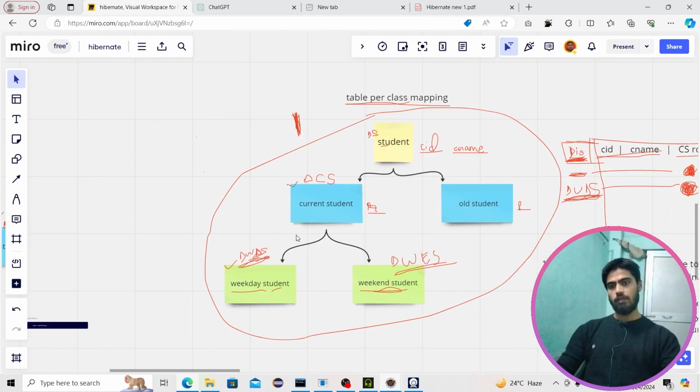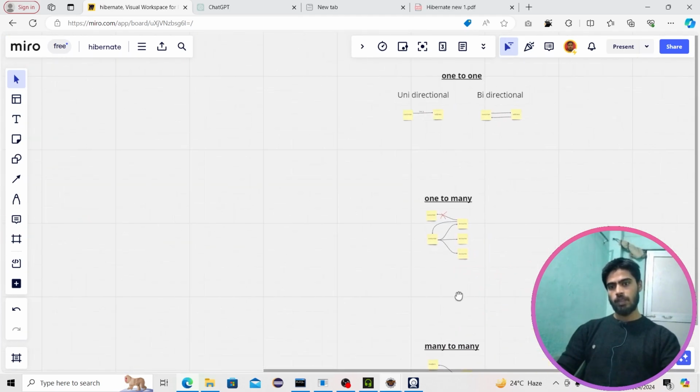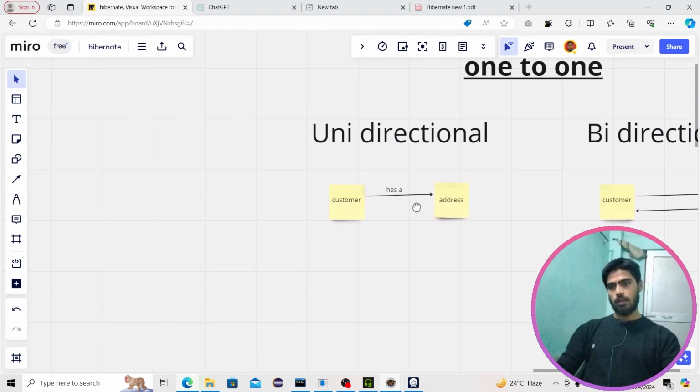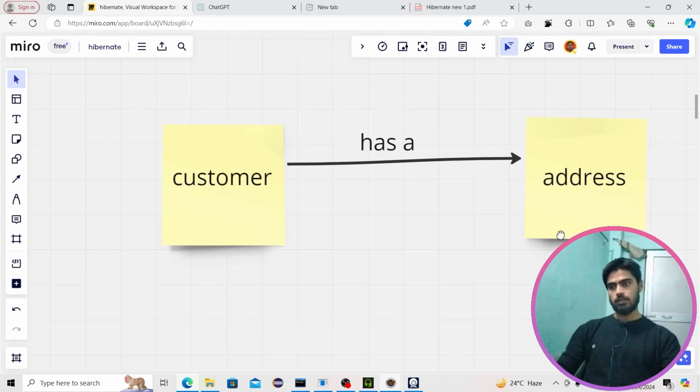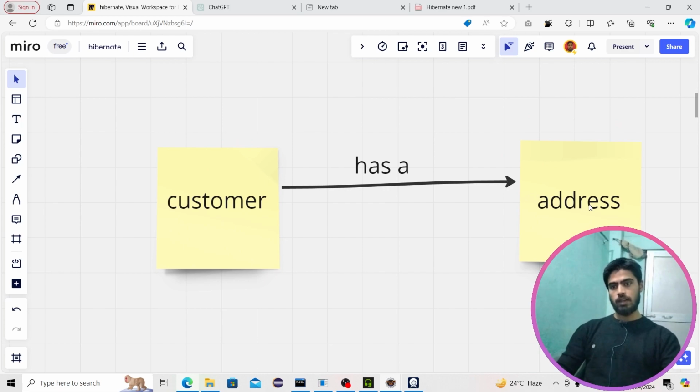But when we have a has-a relationship, like in the case of customer and address, a customer has an address. You can't say customer is an address, or address is a customer. This is also wrong. A customer has an address, or there is some address which has a customer.